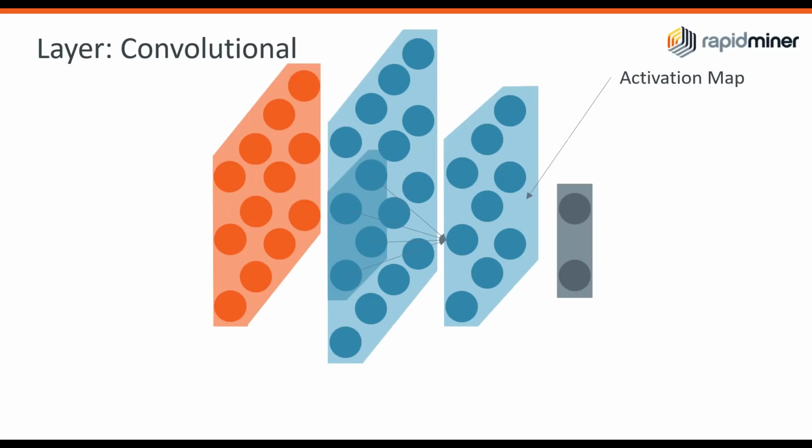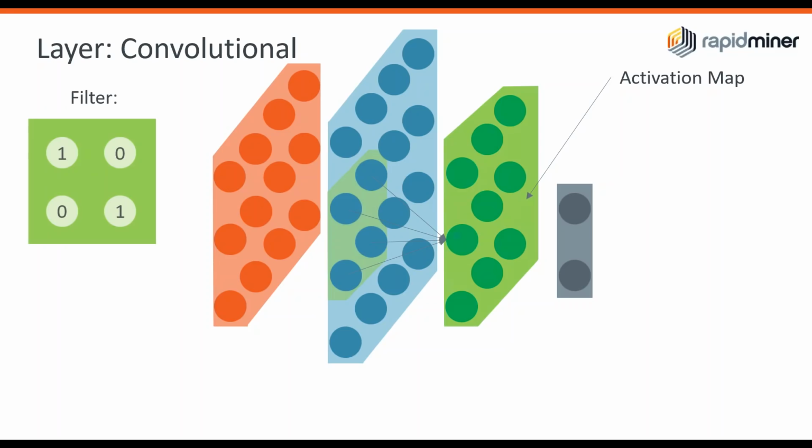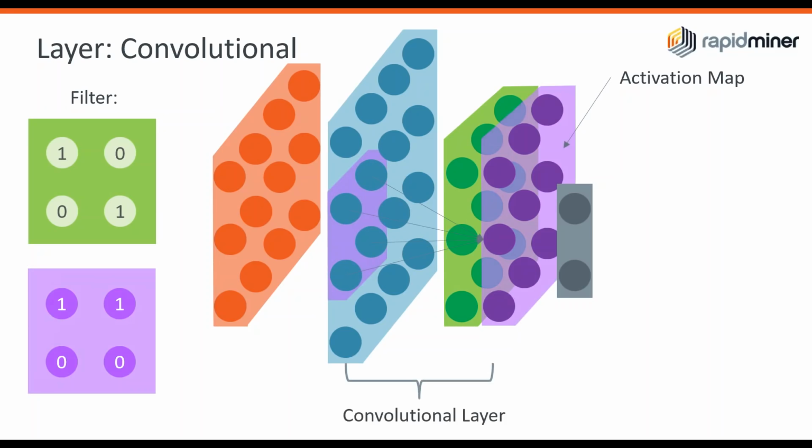Okay, so if we go back to our 3D-ish perspective of our convolutional layer, we've just learned that not all neurons are connected with all previous neurons. There's a region called a filter, which we move over this layer to get something called an activation map. For each filter we apply, we get different activation maps.